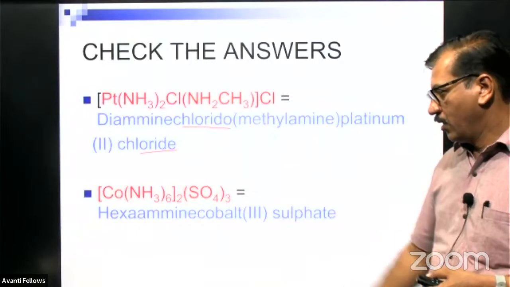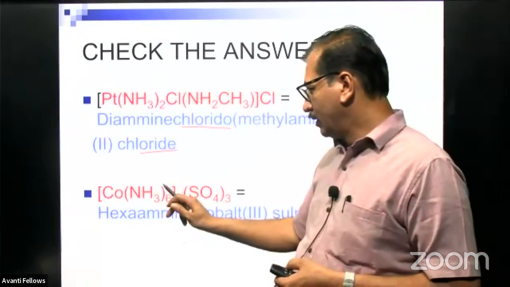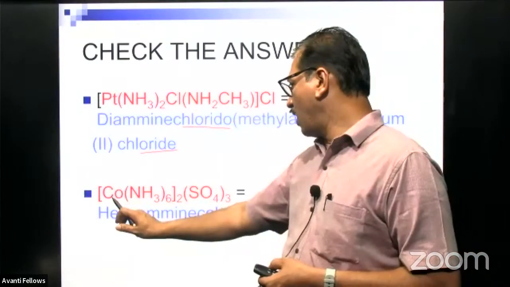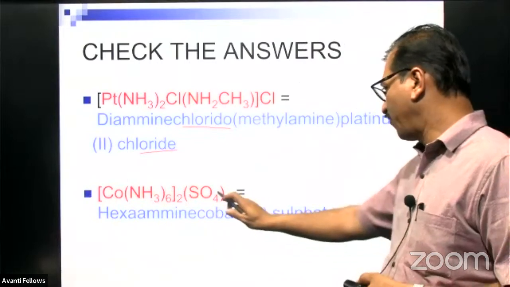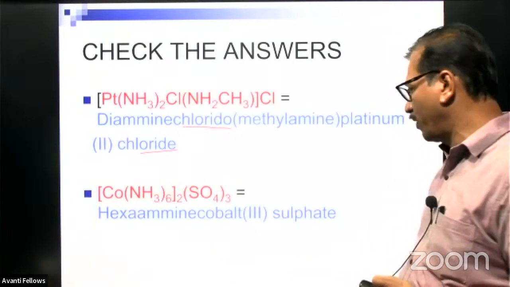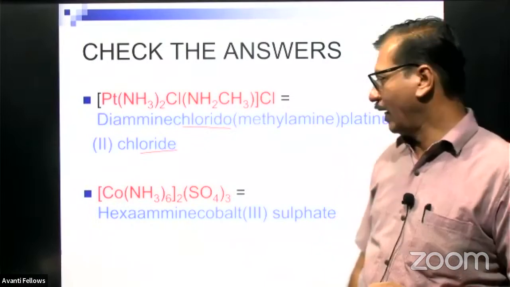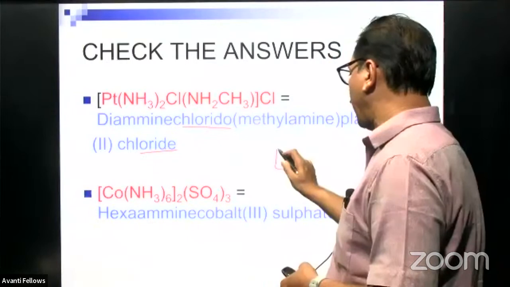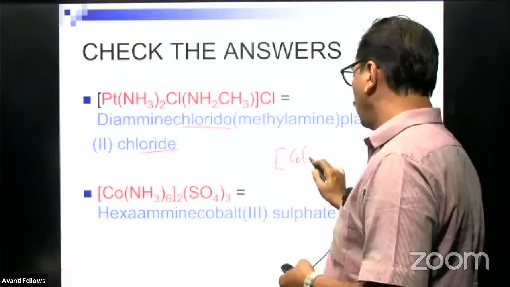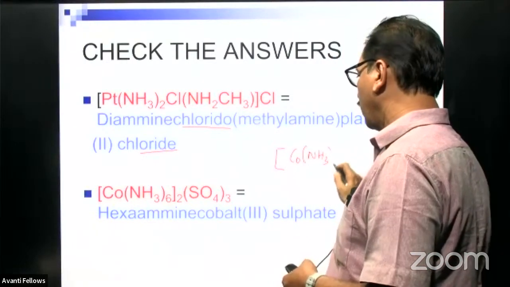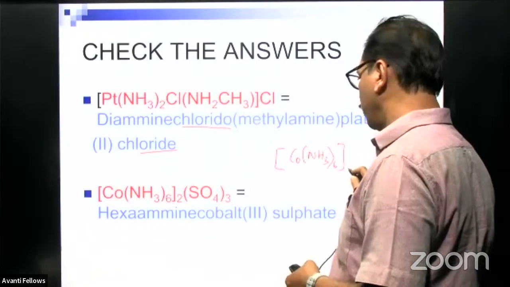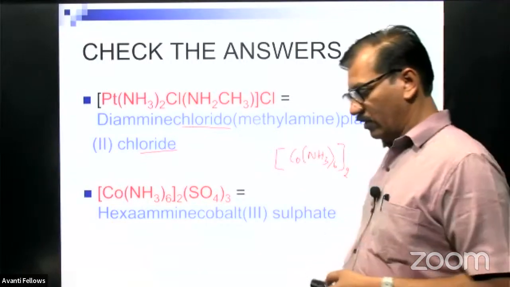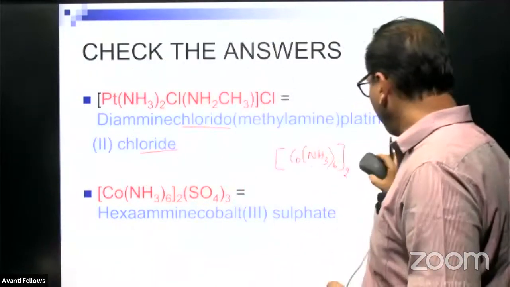Coming to this, it is hexaamine cobalt 3 sulfate. SO4 2- is sulfate. Whenever it is like this, you may split the ions and understand. Co(NH3)6, 2 of them are there. Therefore the number of ions of this kind will be 2.